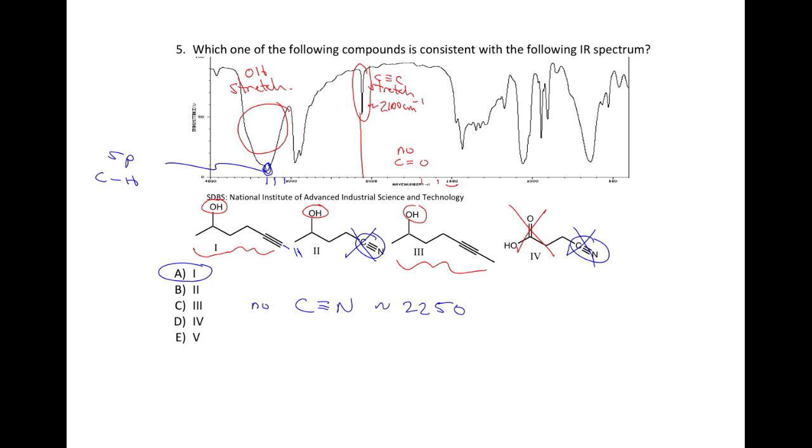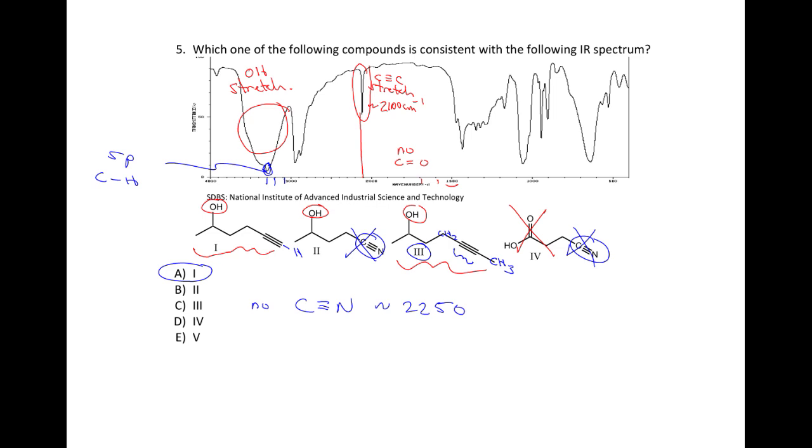A better way to do it would be to examine the triple bond, the alkyne, in compound number 3. If I look at this triple bond here, I have a methyl group on one side and a methylene on the other side.